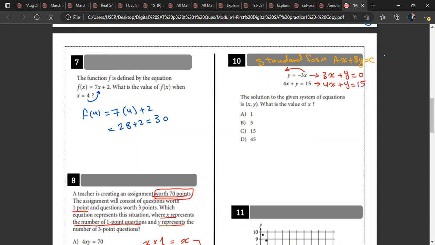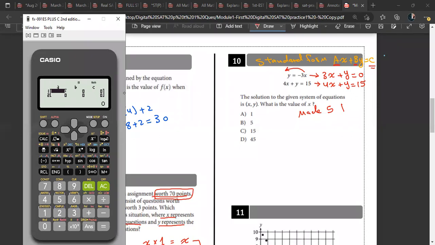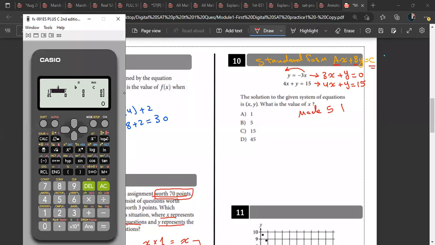Now, you have the coefficient of x and coefficient of y and the absolute term. Use mode 5, 1 using the calculator like this, mode 5, 1. And you have here two rows, one for the first equation and one for the second equation. The first equation, you already have 3 as a coefficient of x, so press 3 equal.